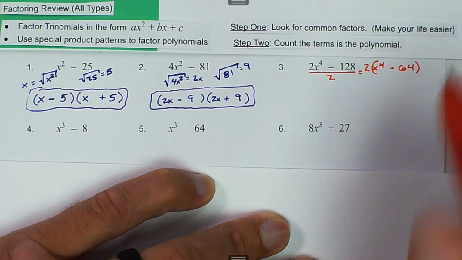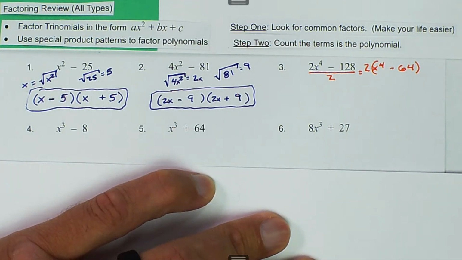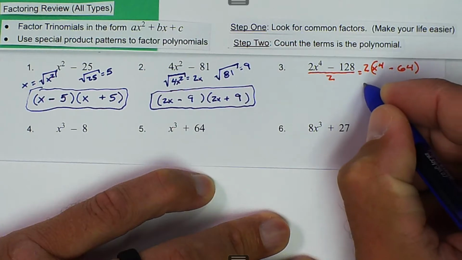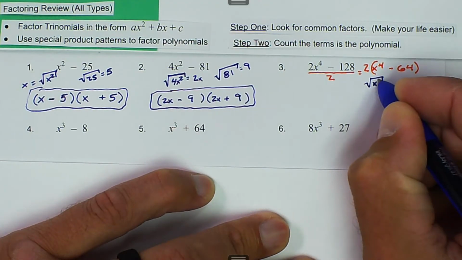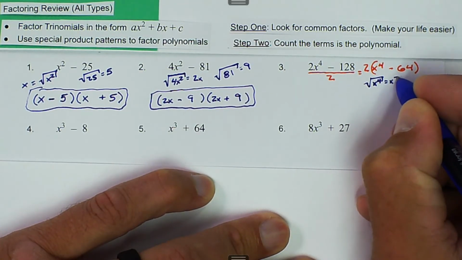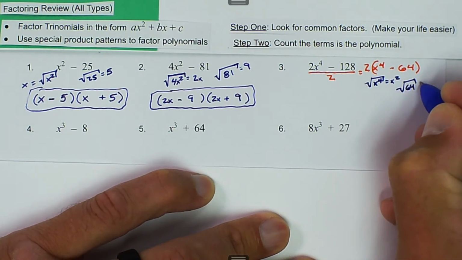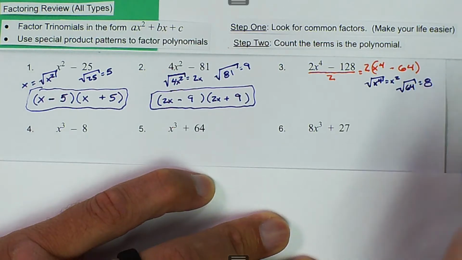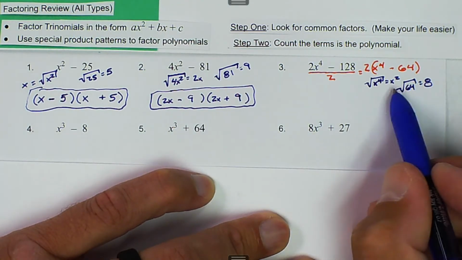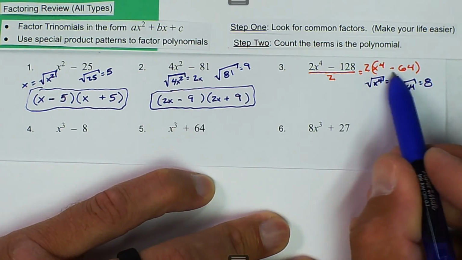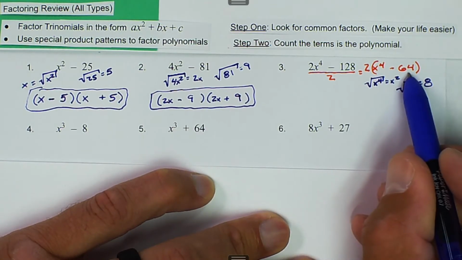And we have to have the 2 out front of our parentheses. Now, hopefully we recognize that the square root of x to the 4th is x squared, and the square root of 64 is 8. So now, hopefully we can come up with our binomial conjugate pair for x to the 4th minus 64.